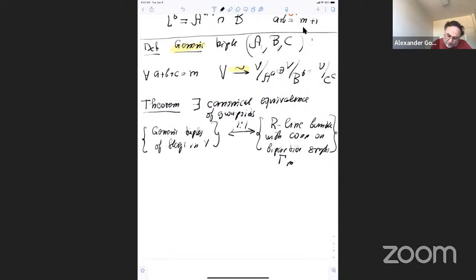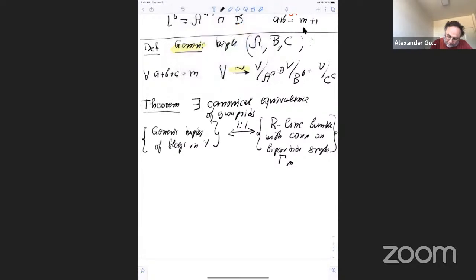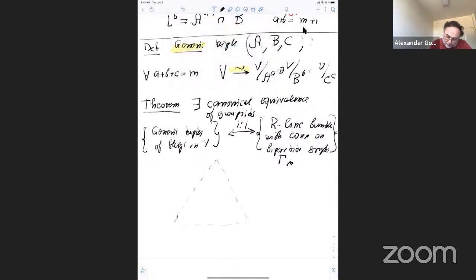Now, how do you draw this graph? Let me do it. So you first of all start with a triangle, and then you mark some points. Some of them will be black, and some of them will be white.